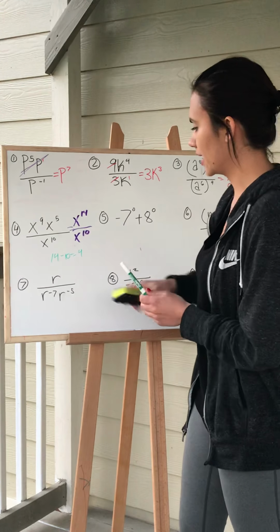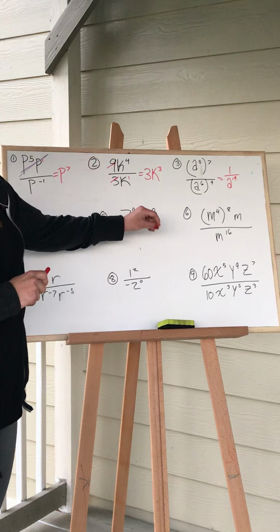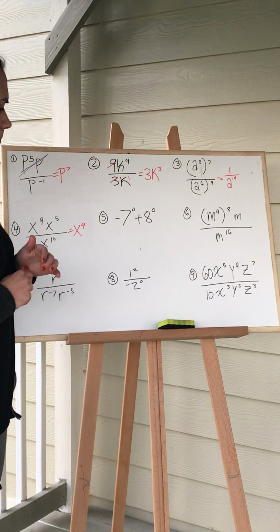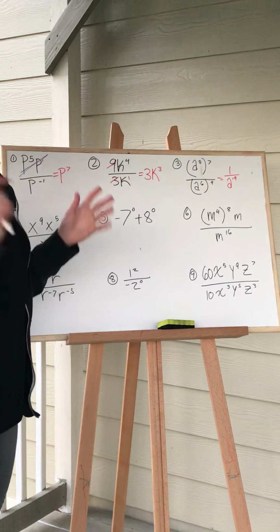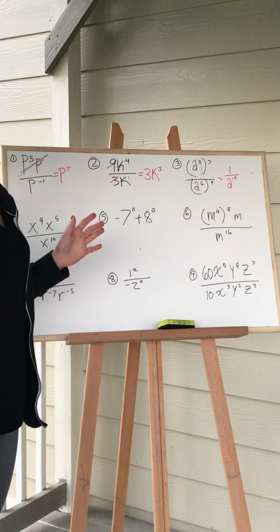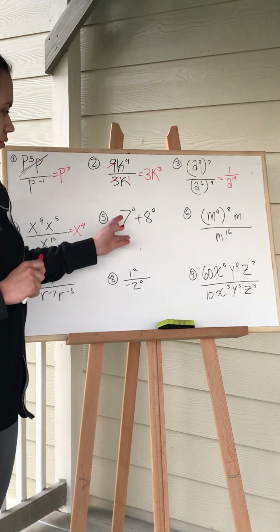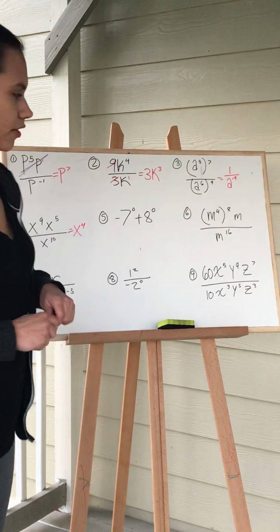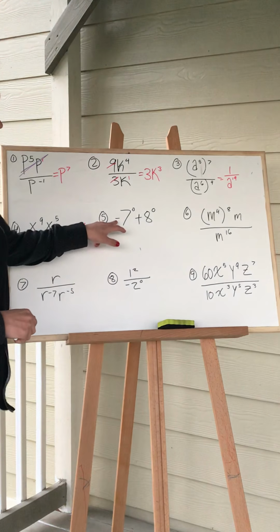Now we get to take a look at when we have something raised to the 0 power. The rule is when anything's raised to the power of 0, it equals 1. But let's think about when there's a negative in front of one of those numbers. It would just be negative 1. So negative 7 raised to the 0 power is really negative 1.